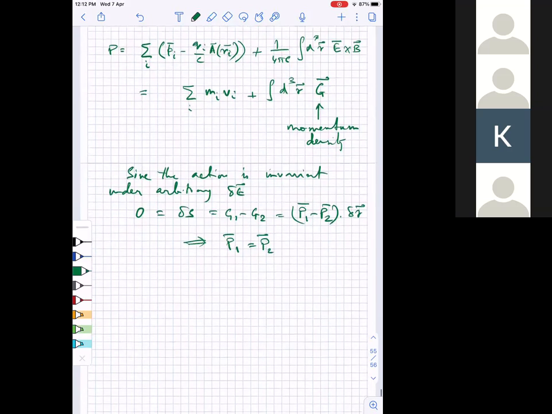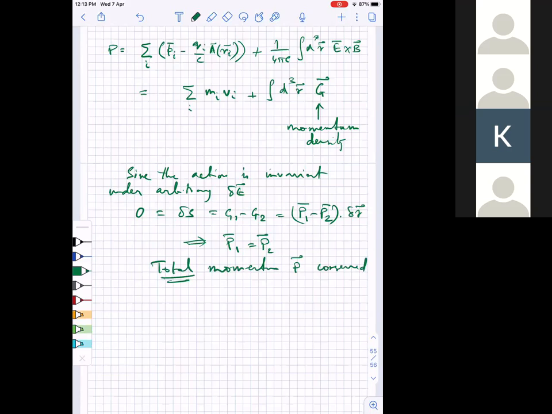So the total momentum P, very important, is conserved. So the kinetic momentum plus the field momentum, this total momentum is conserved. Okay.